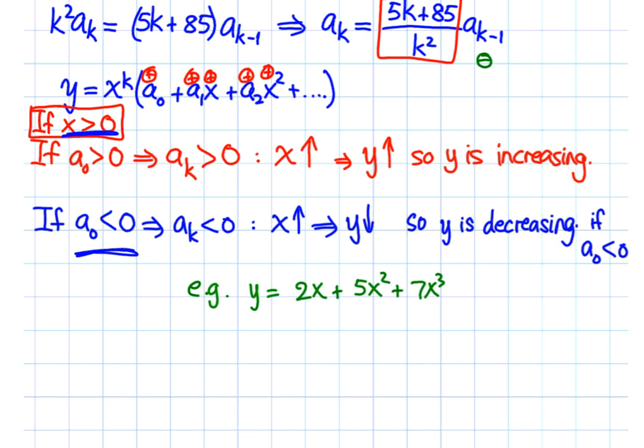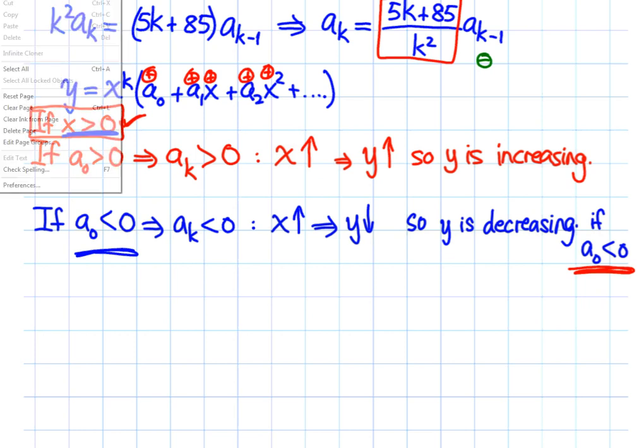Now, if we turn everything to negative, then this function is decreasing. Pretty much, if we take the derivative, and then when we change the sign of everything, we go from increasing to decreasing. So in this case, it is decreasing if a naught is less than 0. Only if a naught is less than 0, then it is decreasing, given that x has to be positive. And that's what we have.